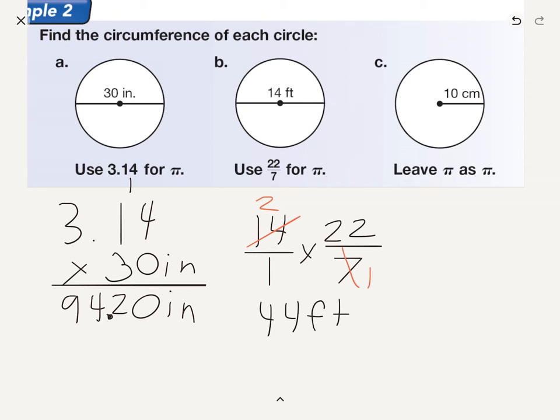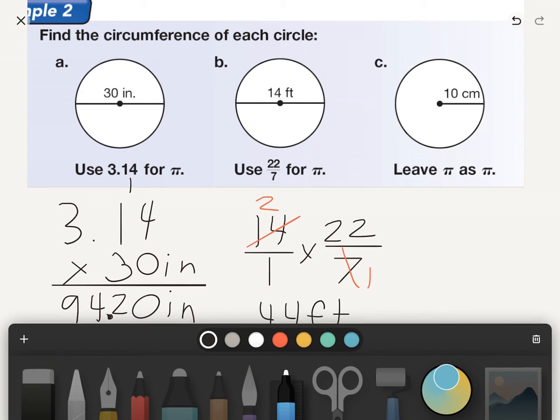Even if it doesn't say use 22/7 or use 3.14, sometimes is there times where it's better to use one or the other?